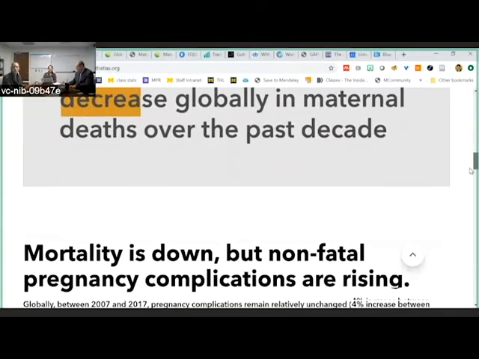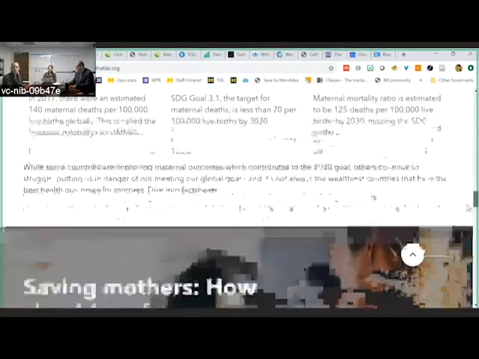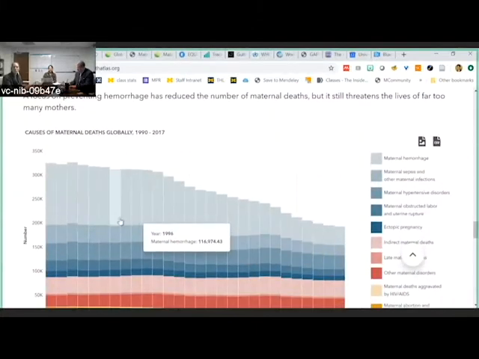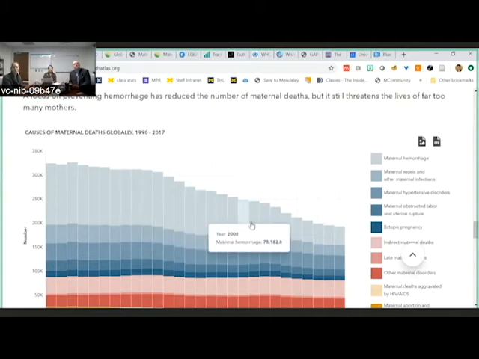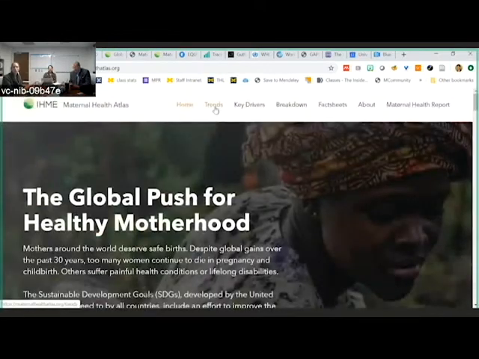So as you scroll down, information is added to the site, and you can change and work with some of the data that is presented here. So it's also what we call a data story.